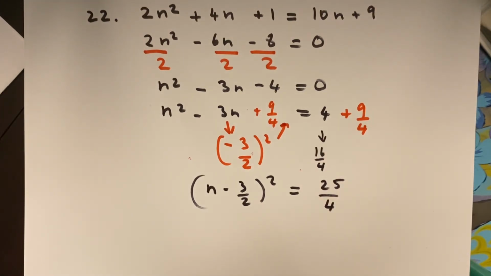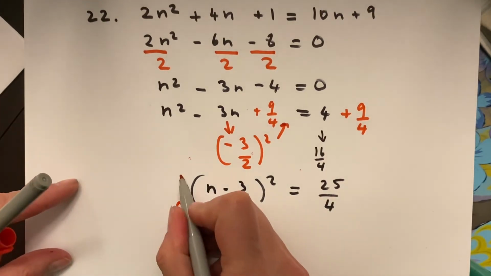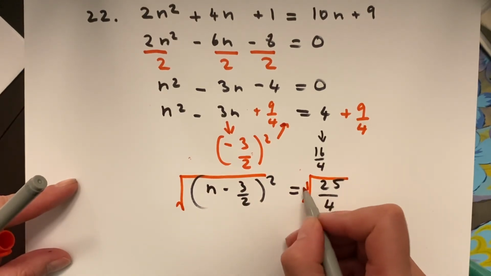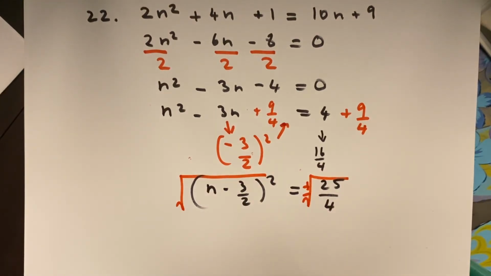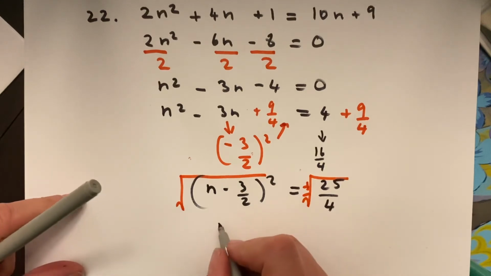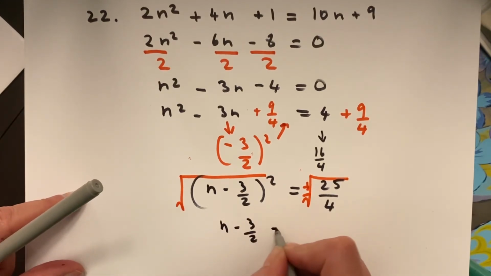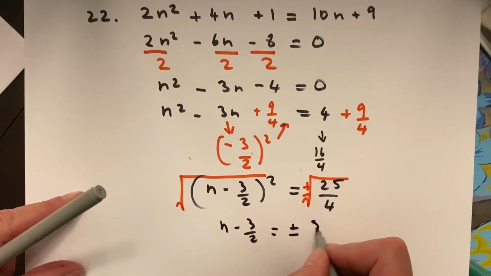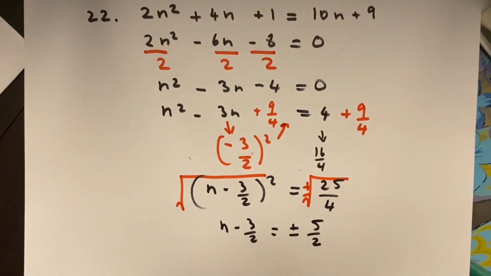I'm all set now to take the square root of both sides. We have to remember it's plus or minus square root. And I end up with n minus 3/2 equals plus or minus 5/2. And my very last step is to add 3/2 to both sides.